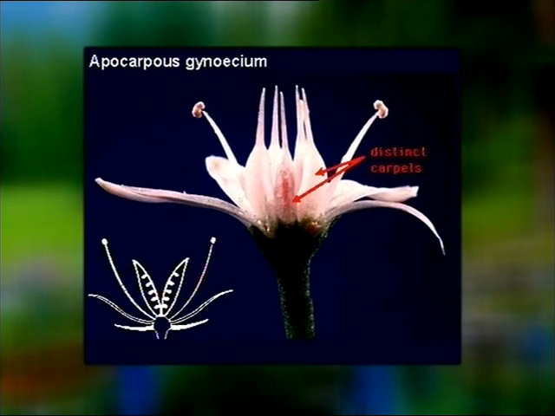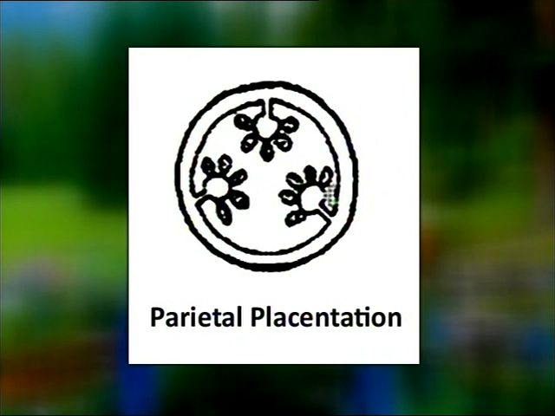The 6 orders or cohorts and the number of families present in each order are: Order first, Ranales, gynoecium apocarpous, represented by 8 families. Order 2nd, Parietales, placentation parietal, represented by 9 families. Order 3rd, Polygalinae, ovary with 2 to 3 locules, represented by 4 families.